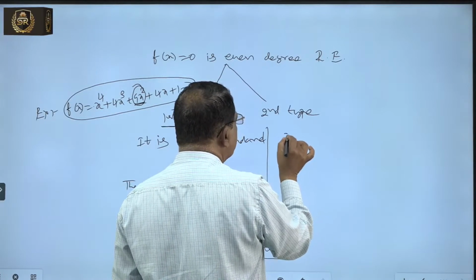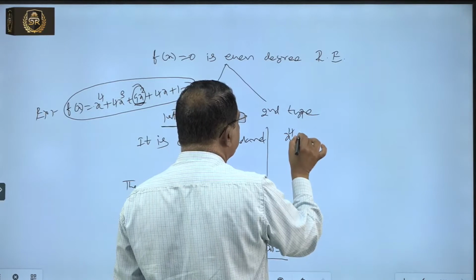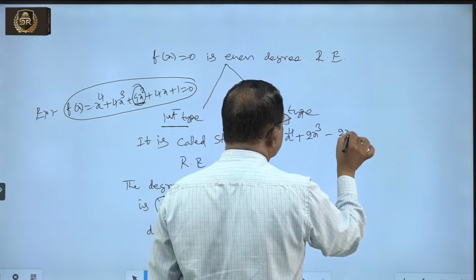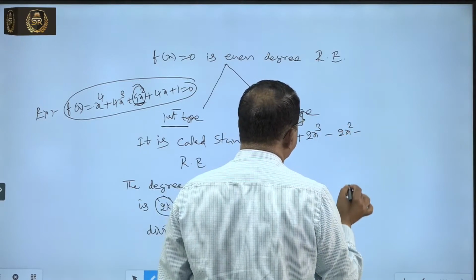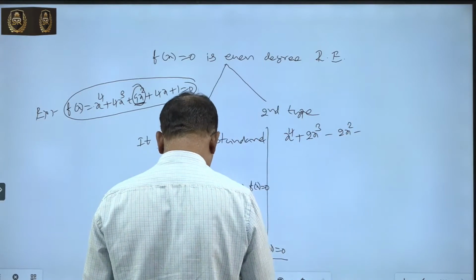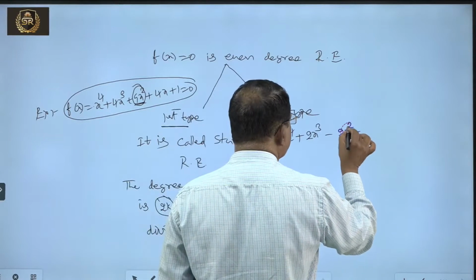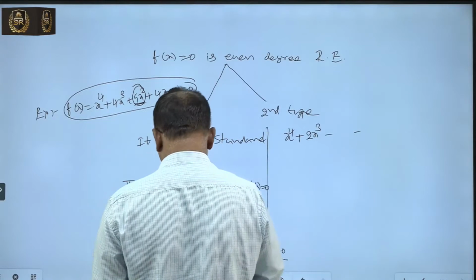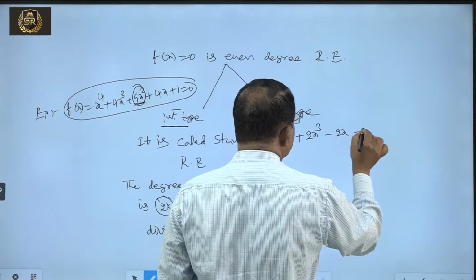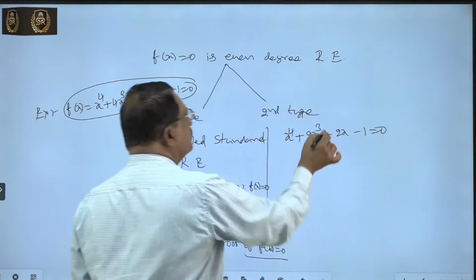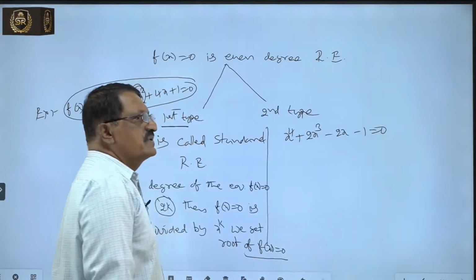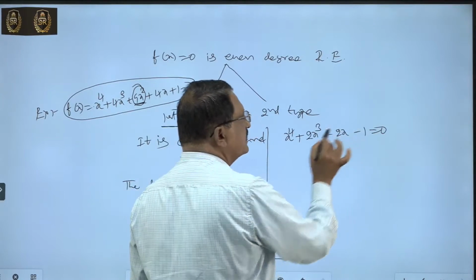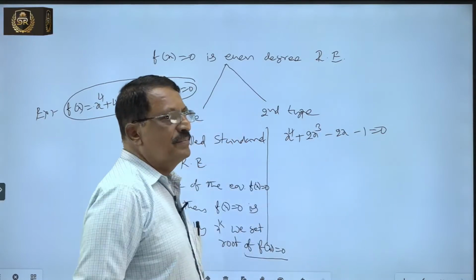For example, x to the power of 4 plus 2x cube minus 2x minus 1 equals 0. Here, without an x square term, the coefficient of x to the power of 4 is 1 and the constant is minus 1, which is minus of 1.